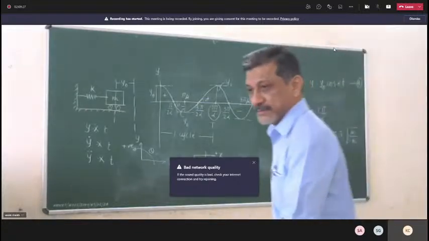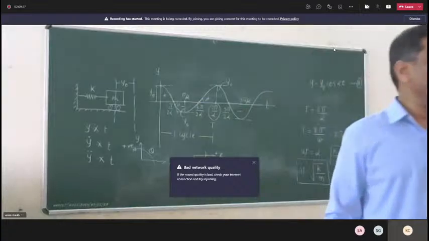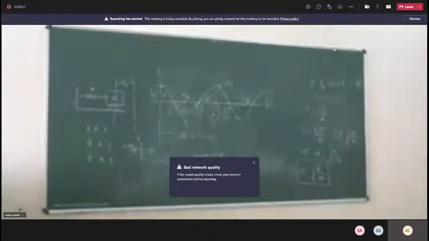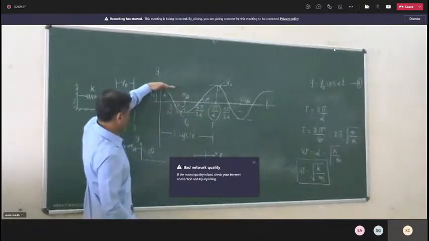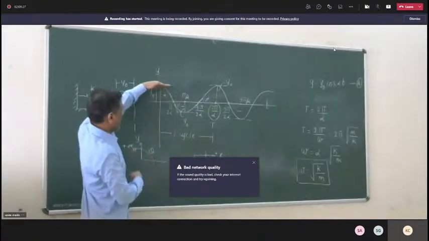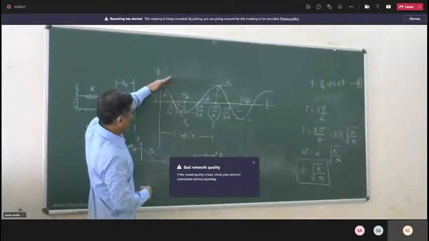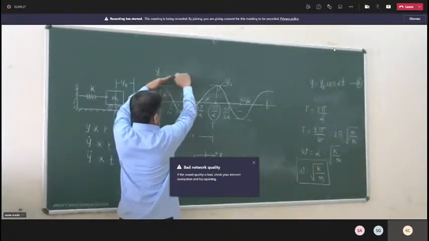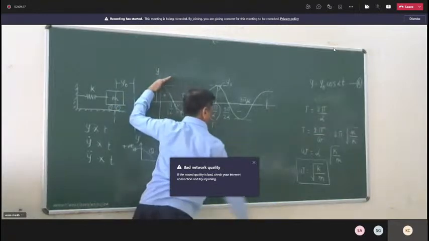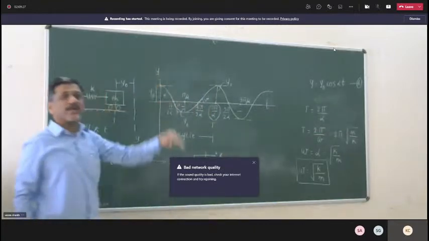So, we are going back and plot the graph. Listen. Again, positive velocity. We are getting the graph will start like this. It will go like that.